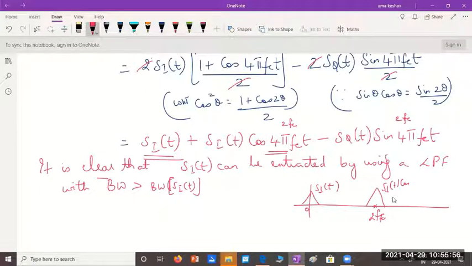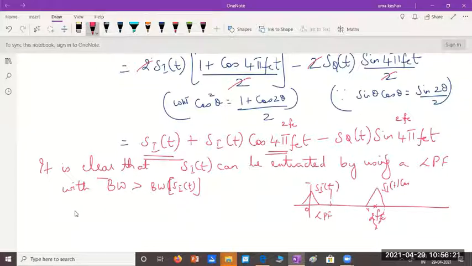Similarly, S_Q of t is also located there. Remember, since this is multiplied with sine, it will have a different spectrum. So this S_I and S_Q, which are located at 2fc, if I want to eliminate them and just isolate S_I, I'll surely have to use a low pass filter.